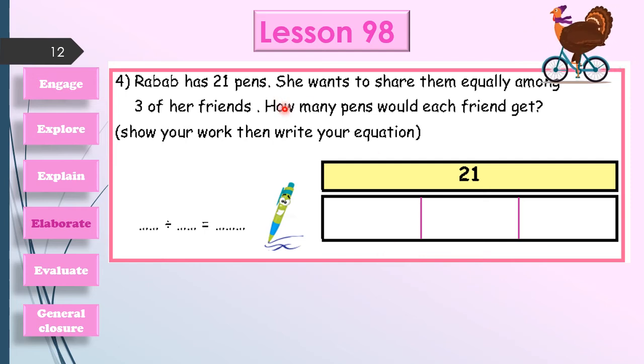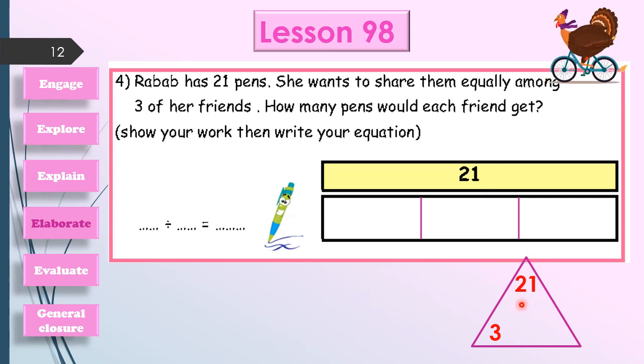Now, how many pens should each friend get? Let's use your mental math and your mathematics way. Now let's use our magic triangle, which is the fact triangle. Let's write down the whole number at the top of this triangle and write down the number of friends at the bottom of this triangle.